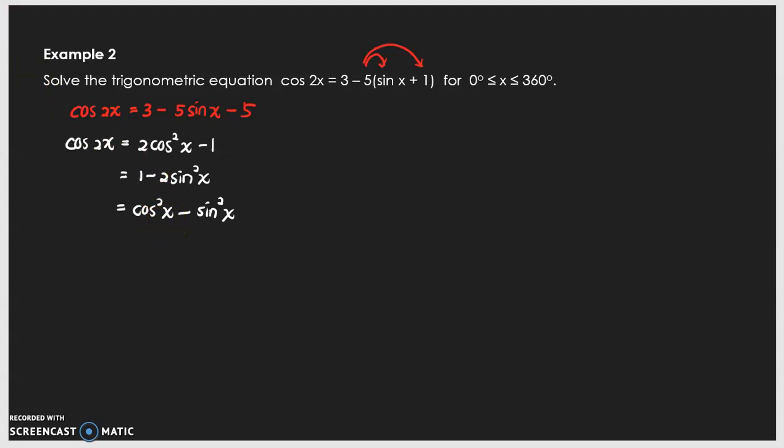How we're going to choose is we look at our equation. In our equation, we have sin x. So when we choose the correct identity, we cannot choose the one with cos x, as it will make the equation more complicated.